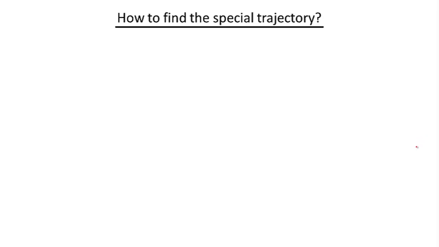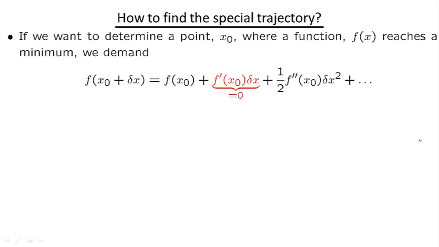We can motivate what is known as variational analysis by, again, a simple analogy using the usual functions. Suppose we have an arbitrary function f of x, which has a minimum, or a maximum in principle, somewhere, but let's assume it's a minimum, and we want to determine the point where this minimum actually occurs. For this, I can again use the Taylor expansion for the function f in the vicinity of this point x0 that I'm trying to find.